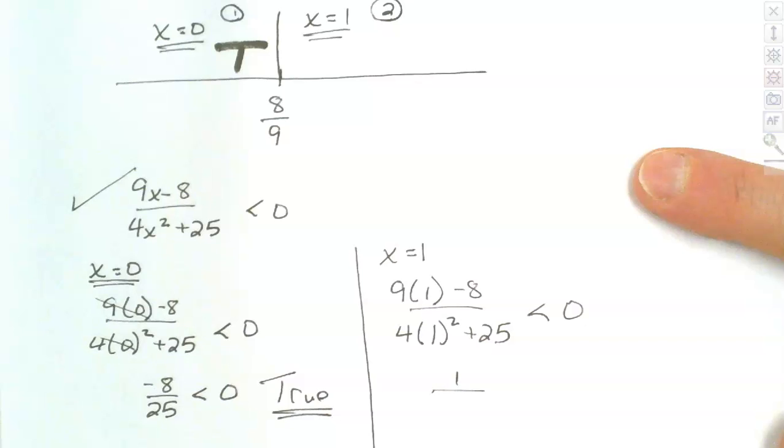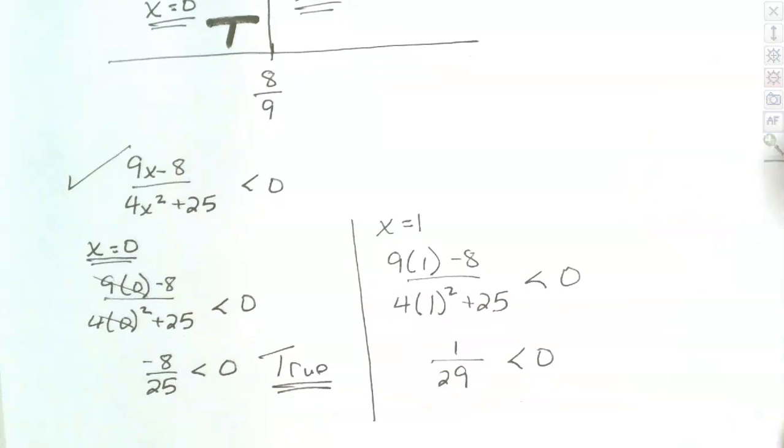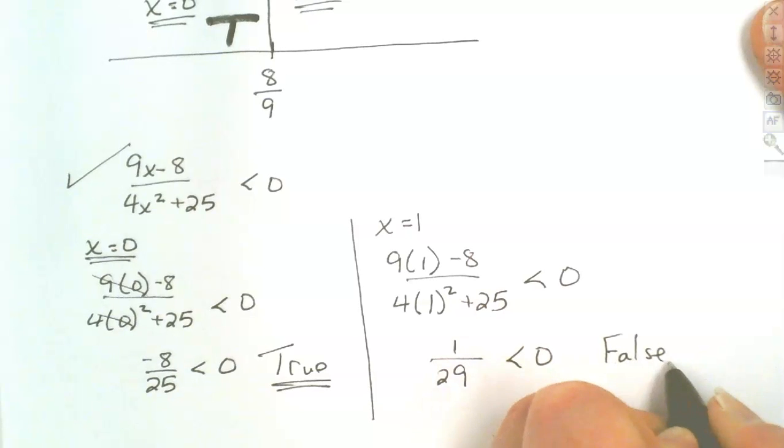So that's a 1 over. 1 squared is 1, times 4 is 4, plus 25 makes it 29. And is 1 over 29 less than 0? No, that would be false.